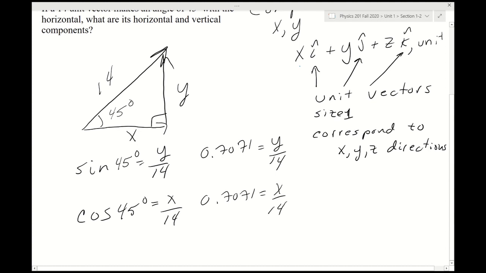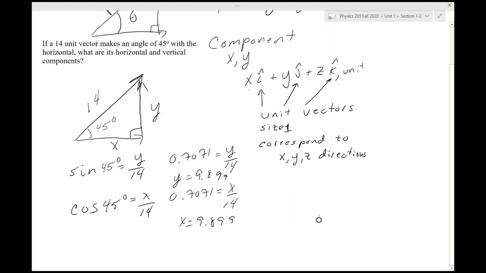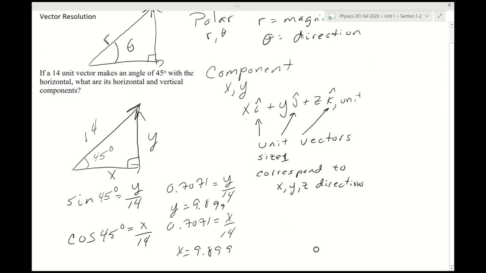So both of these end up being the same thing, which is approximately y equals 9.899 and x equals 9.899. Now, angles are a bit of a problem when it comes to significant digits.